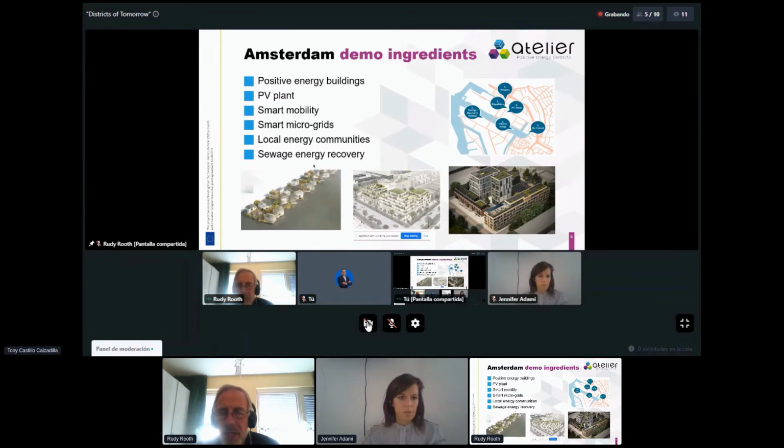And further, we are working on smart mobility, microgrids, local energy communities, and sewage energy recovery. Sewage is a waste stream of which we try to keep the energy embedded in the district by producing biogas that can then be burned for thermal use or used for creating electricity.